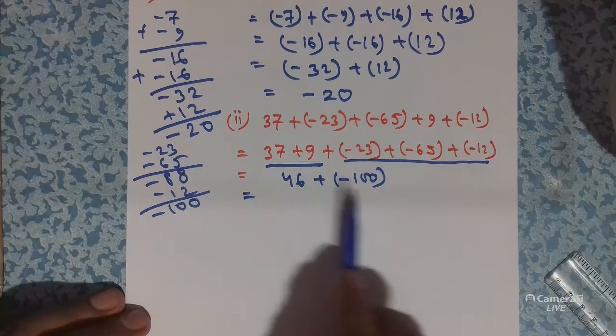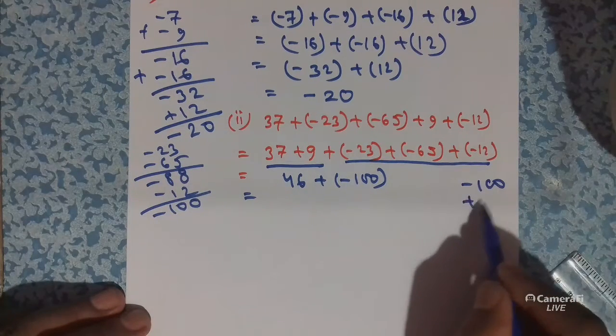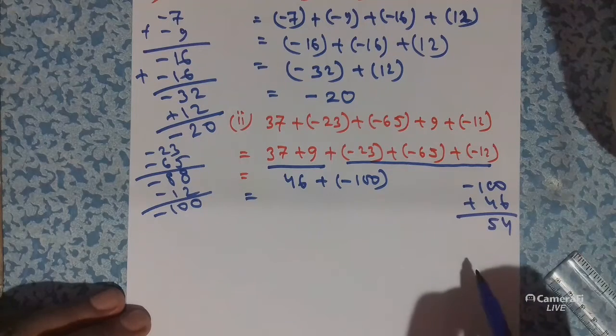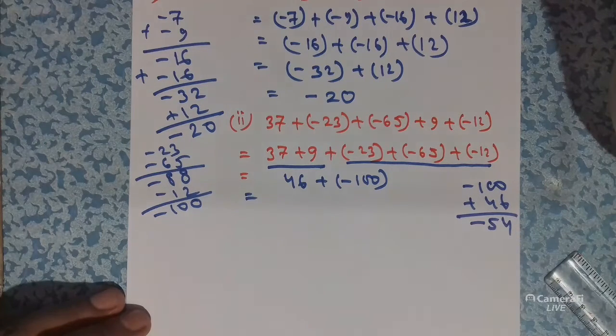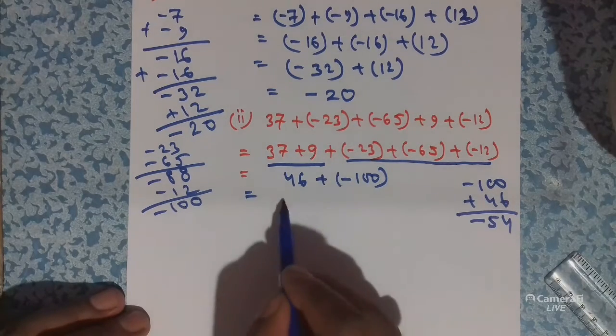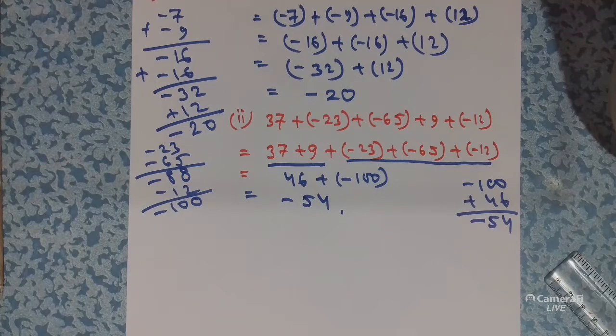So that means we have to subtract these two. So minus 100 and plus 46. So it will be 54. So obviously it is minus 54 because 100 is the largest. So minus 54 is the answer. So I hope it is clear.